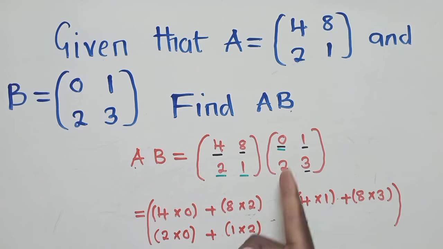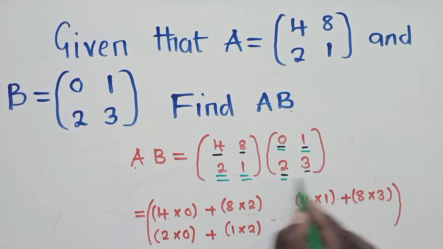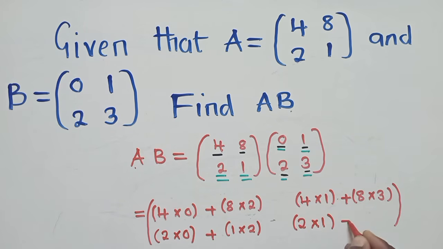We are done with the column here. Immediately we move to the next column, we space. So this with this, this with that. That will be 2 times 1 plus 1 times 3.